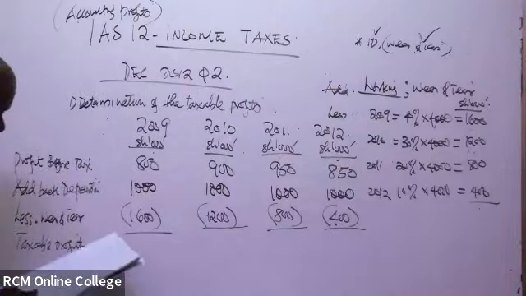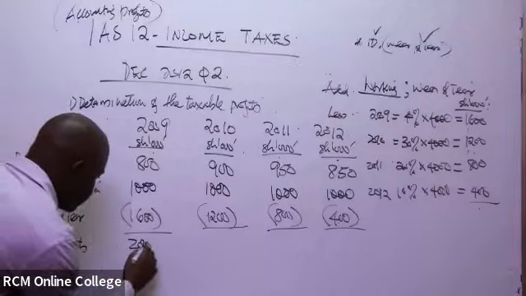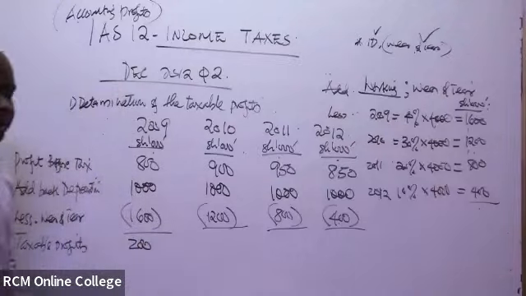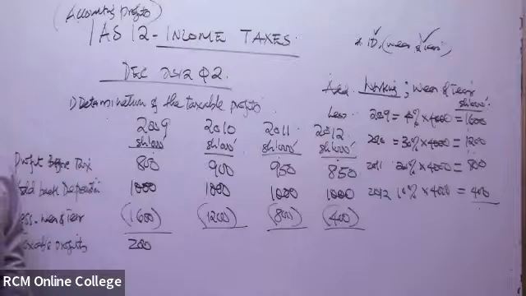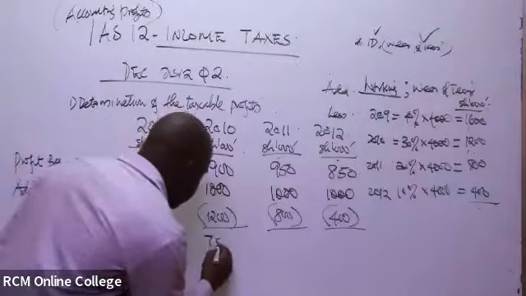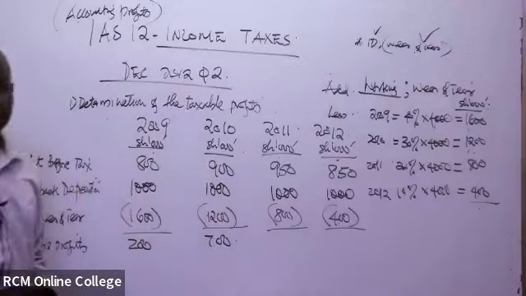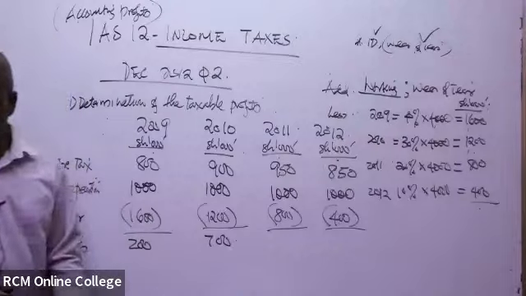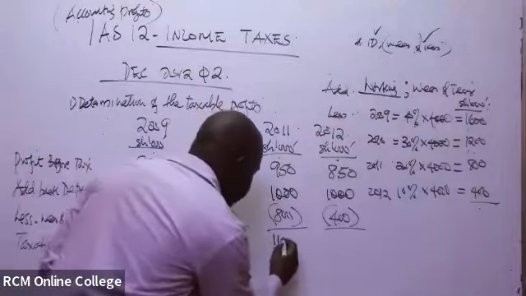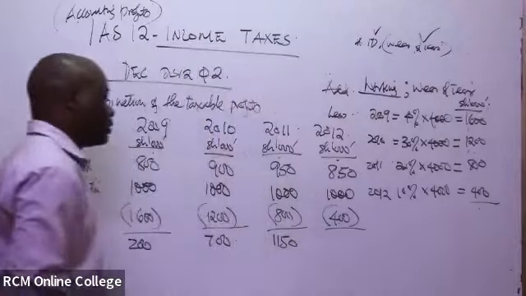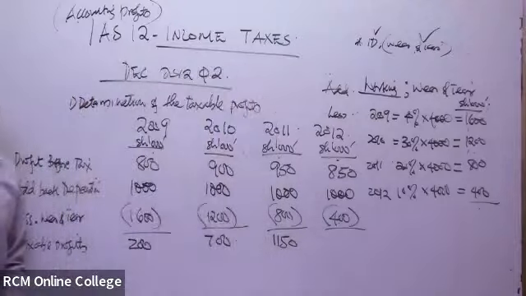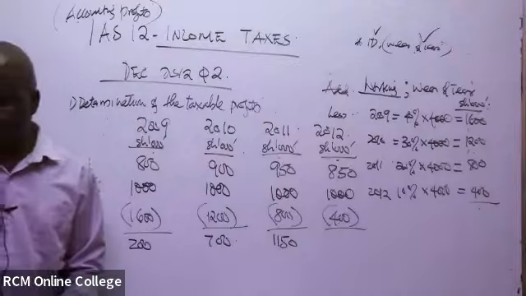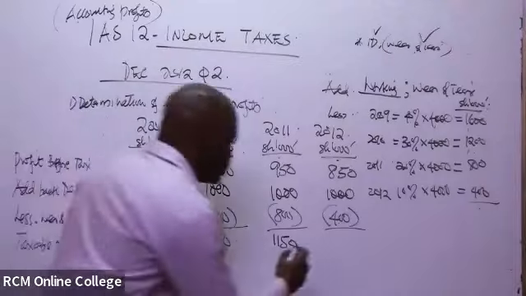It is 700. The third one is 1150. And the very last, but not least, is 1450.